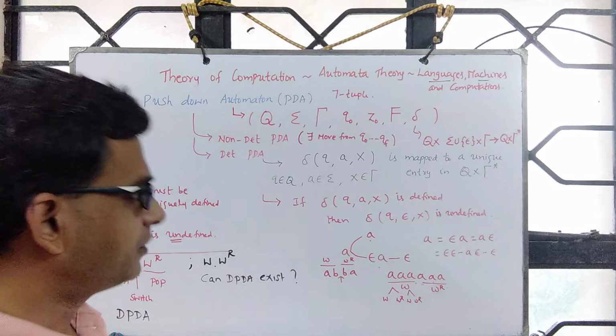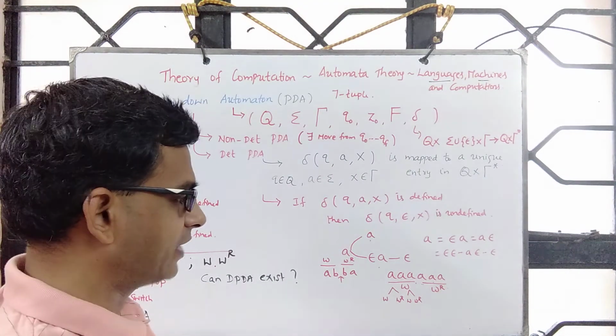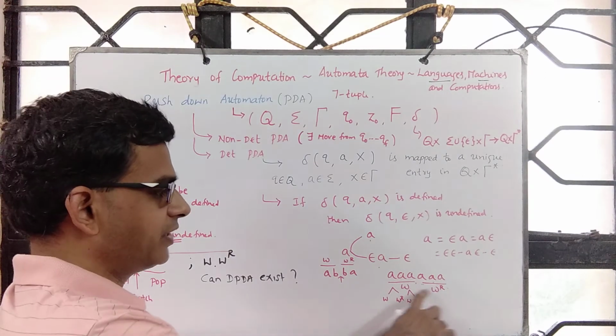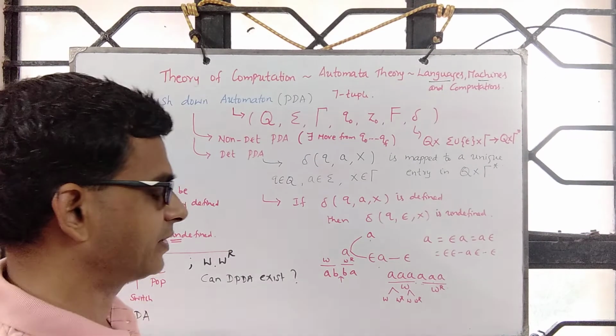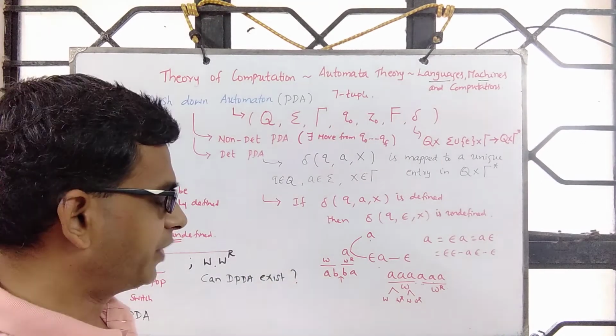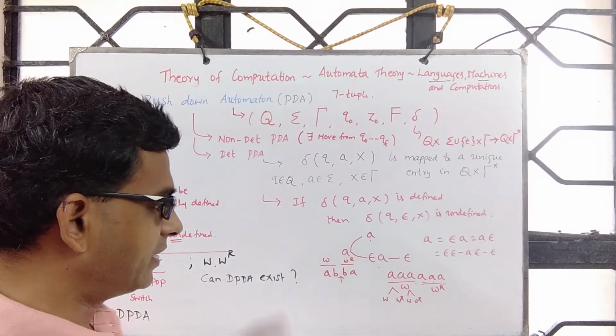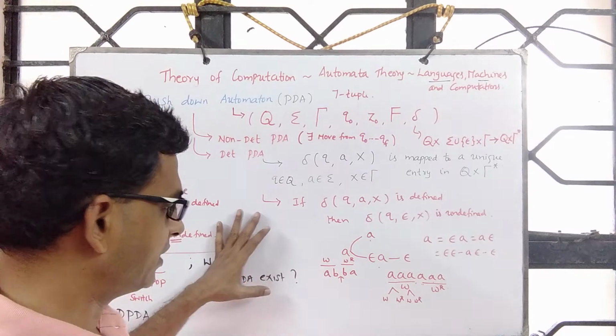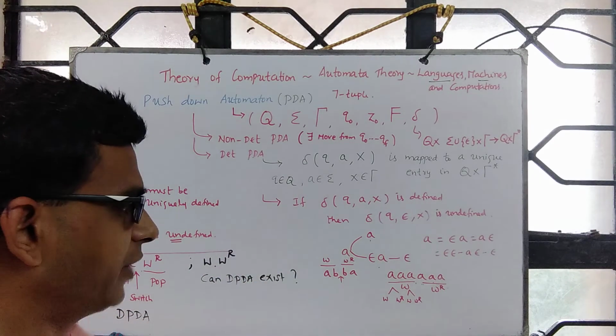There may be other moves that may not take us to QF, but there exists at least one that will take us to the accept state. So with this motivation or framework, let's design a non-deterministic machine for WWR.